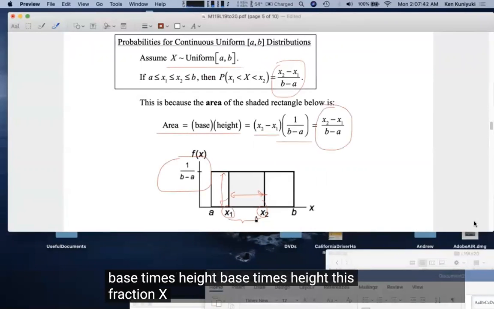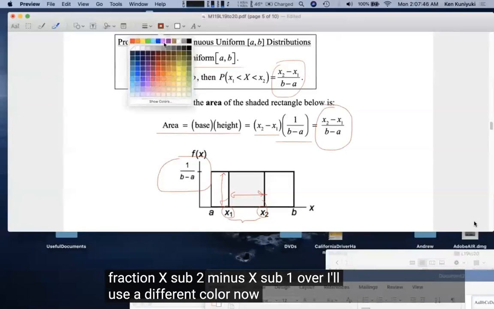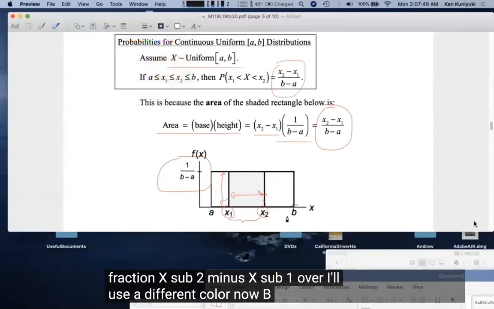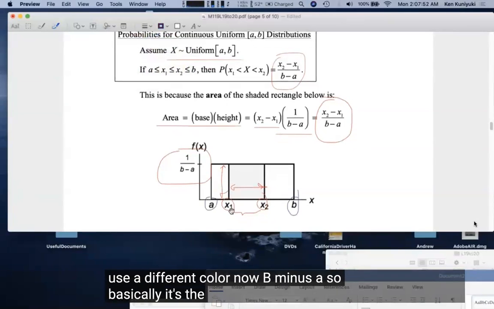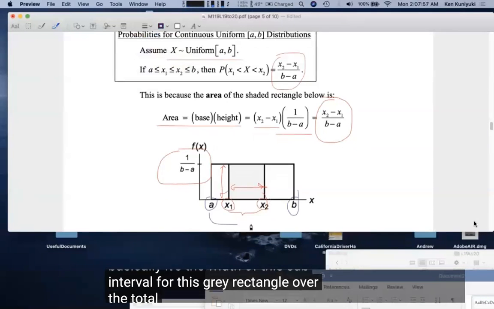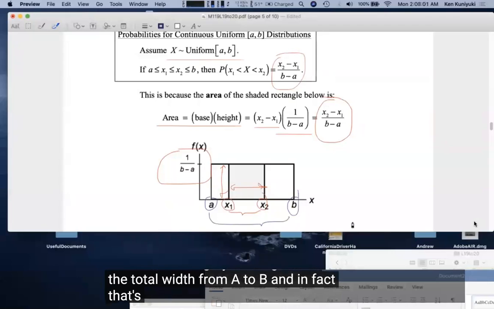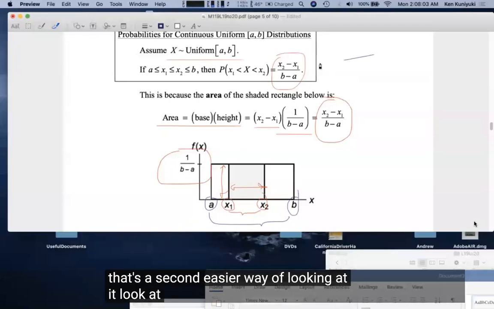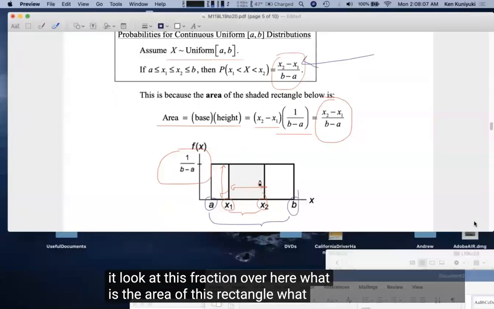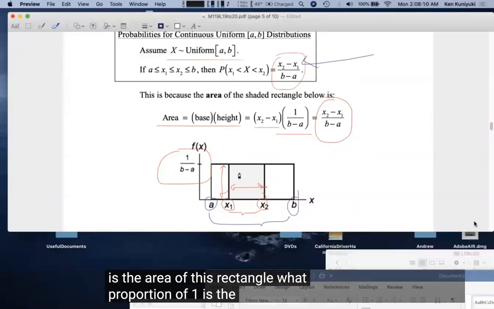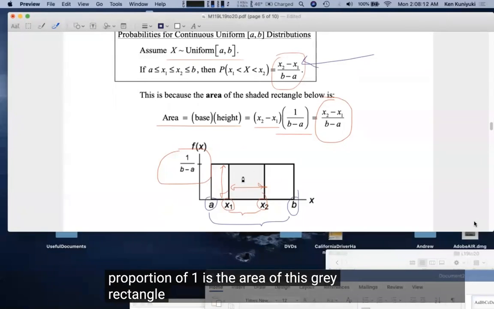This fraction, X sub 2 minus X sub 1 over B minus A. So basically, it's the width of this subinterval for this gray rectangle over the total width from A to B. And in fact, that's a second easier way of looking at it. Look at this fraction over here. What is the area of this rectangle? What proportion of 1 is the area of this gray rectangle?